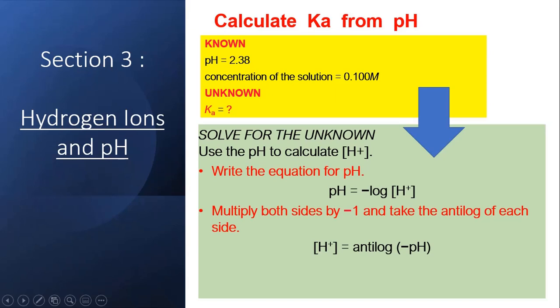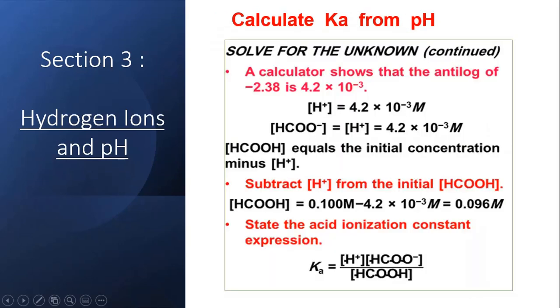Let's use our given information. pH equals negative log concentration of H positive. We need to calculate now the concentration of H positive. You know how to get it from the previous question. So concentration of H positive will be antilog of negative 2.38. By getting the calculations, H positive will be 4.2 times 10 to the power negative 3 molar.